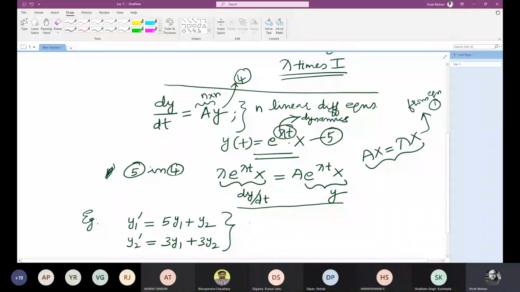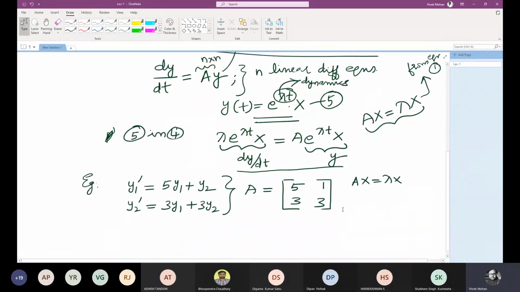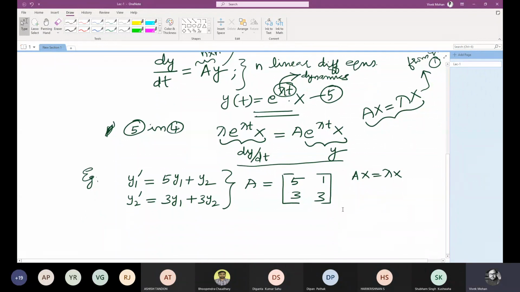A is 5, 1, 3, 3. Yes, 5, 1, 3, 3. Now what I need is Ax equals lambda x, right? Suppose how many eigenvectors and how many eigenvalues will this matrix have? 2 eigenvalues and 2 eigenvectors.